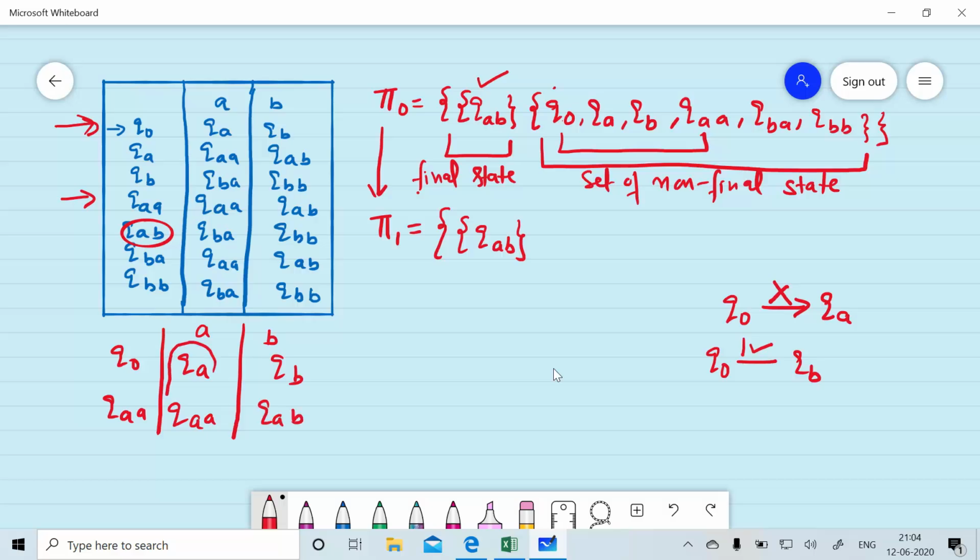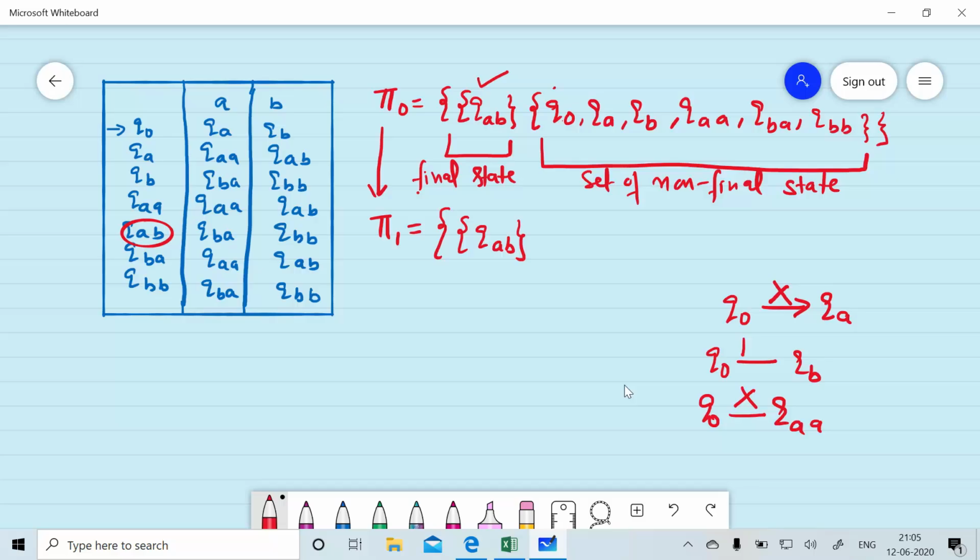Under A, it is QA and QAA, so they belong to the same set. Under B it is QB and QAB. QB belongs to this set and QAB belongs to this set, so they are behaving differently. We can call Q0 and QAA not one equivalent.